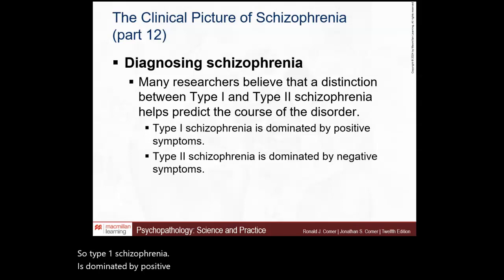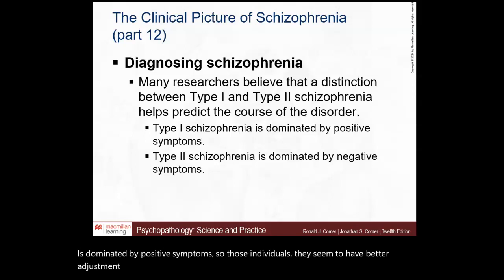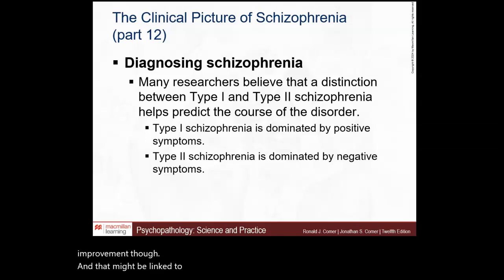Those individuals seem to have better adjustment prior to the disorder, but later onset of symptoms and greater likelihood of improvement, though. That might be linked to biochemical irregularities in their brains.